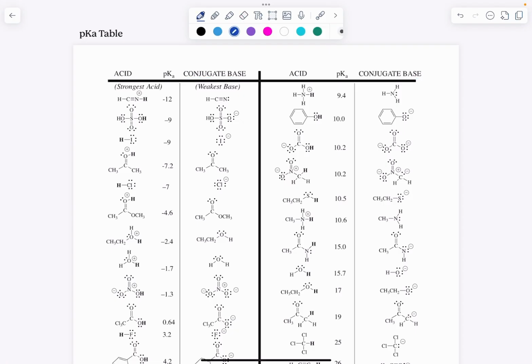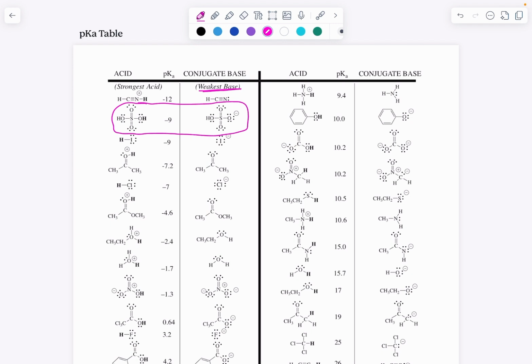So strongest acids are listed first. Here is sulfuric acid. This is the one we had just looked at with the pKa of -9. And the conjugate base would just be one of those hydrogens having been removed by a base. Notice that where we have the strongest acid with the low pKa value, so here's -9, the label up here is weakest base.